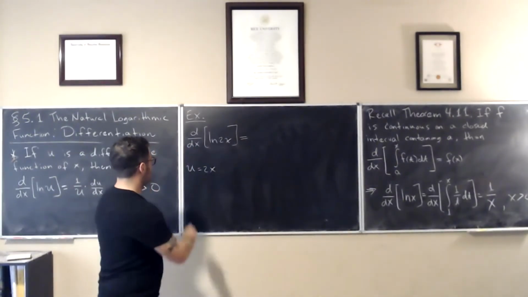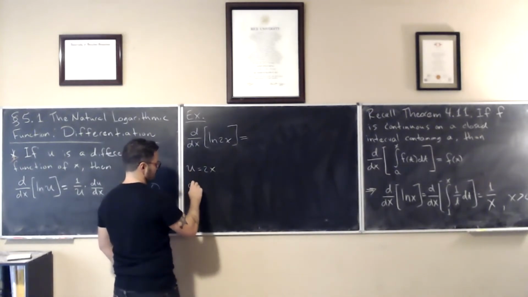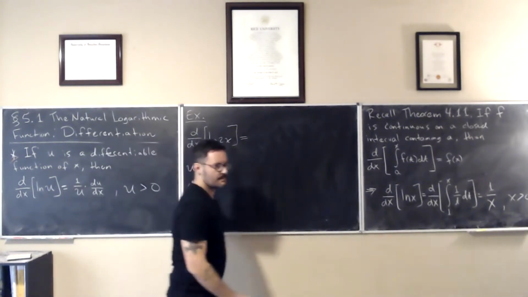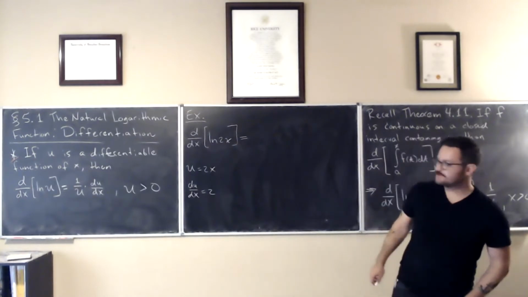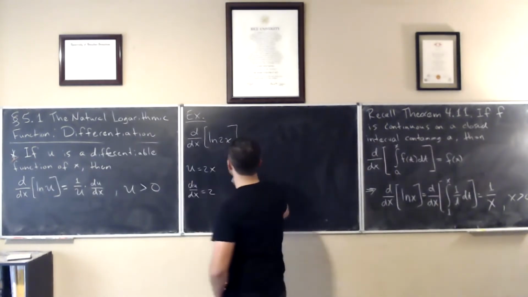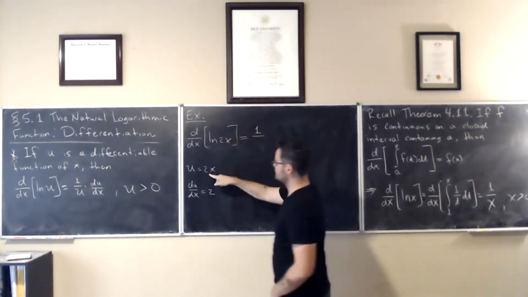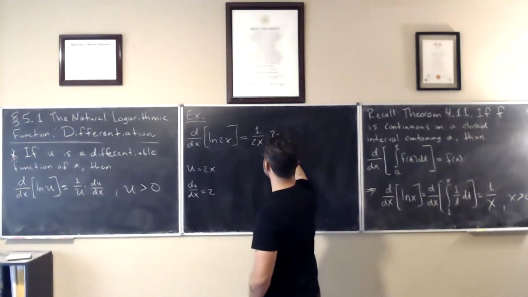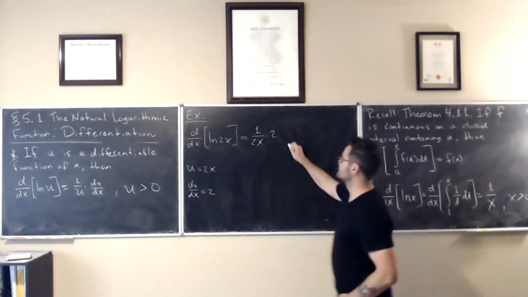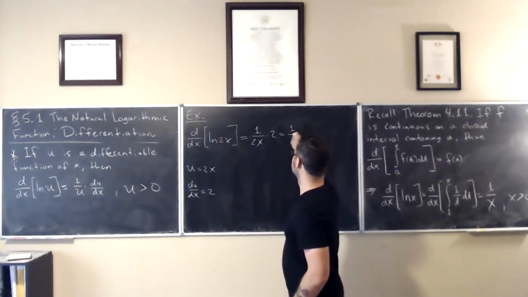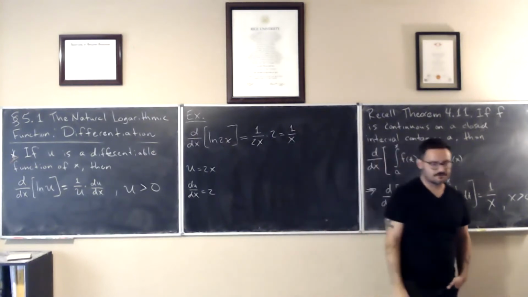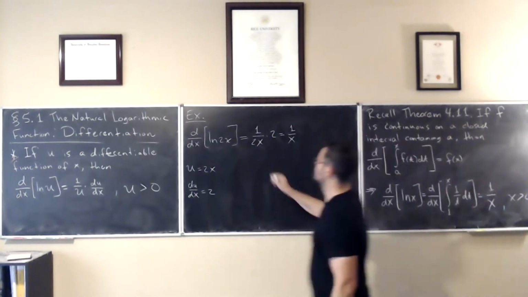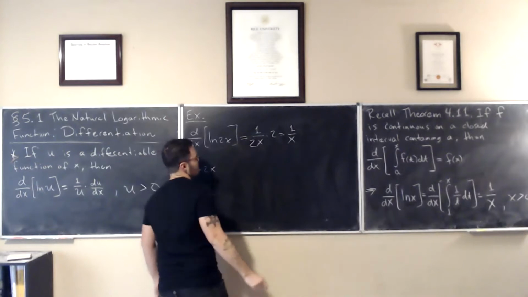So we should go ahead and differentiate this and see what it is. du/dx is just equal to what? 2, right? So then we just plug in. This is going to be 1 over u, which is that, times du/dx. It's just going to be 1 over x. Hopefully all of you can read.